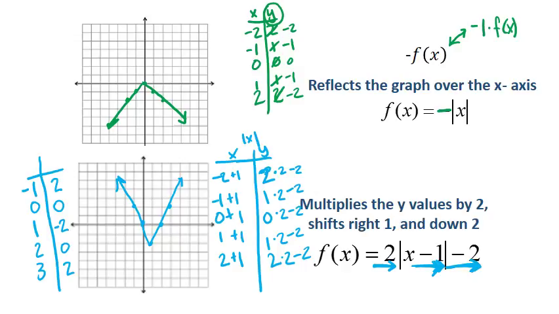So let's talk about how this absolute value graph moved, how it transformed. We multiplied the y values by 2, we shifted right 1, and we went down 2. Does that make sense? If I start at the origin, I went right 1, down 2 for my new vertex. And then the times 2 made it skinnier.